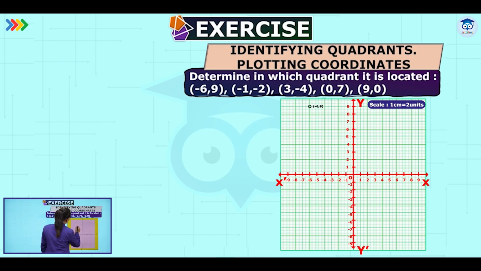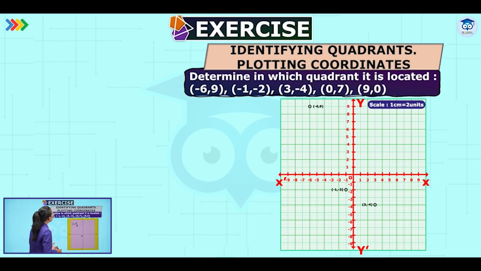So this represents minus 6 comma 9, and the quadrant is the second quadrant. Okay. So next we have minus 1 comma minus 2. We know that this will be in the third quadrant, right? And we have to plot it. So we have here minus 1 and minus 2. This is the point.